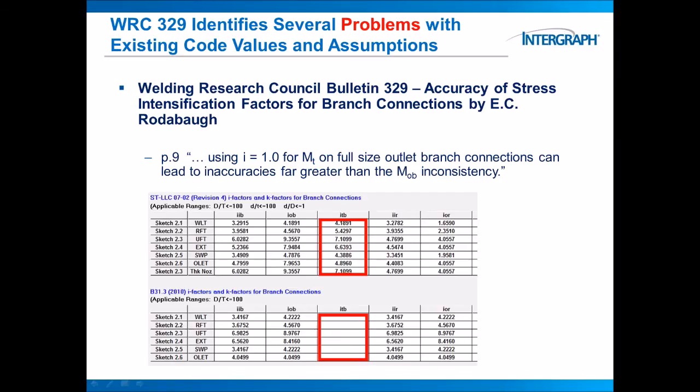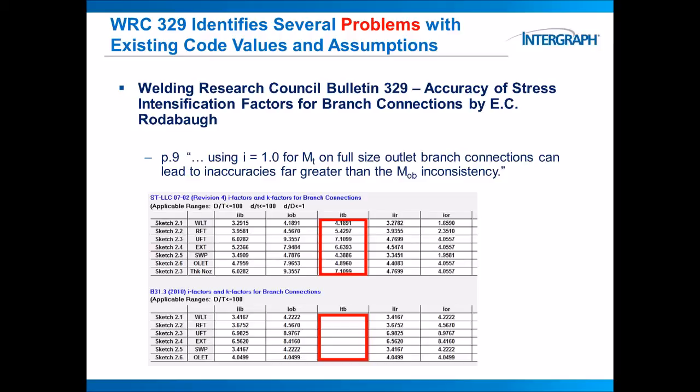Here we can get a good idea of, or instant feedback on, the intensification factors and flexibility. Here's an extract from that table. You can see according to B31.3, the bottom table, there is no guidance on calculating a torsional intensification factor, so these would all be a value of 1.